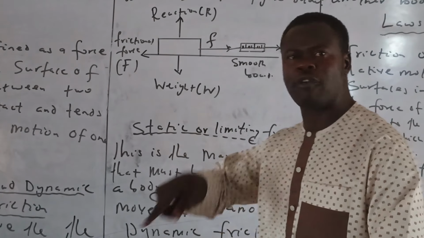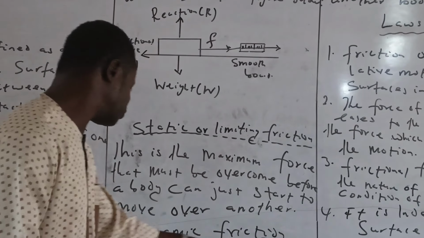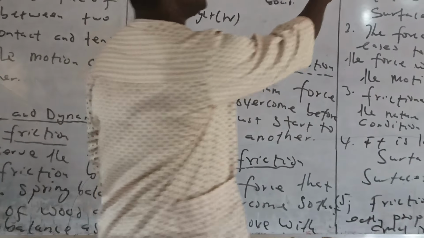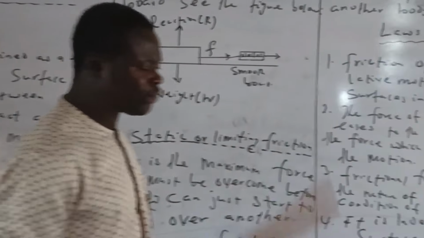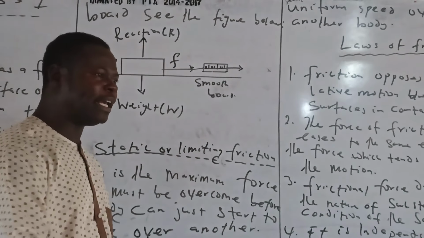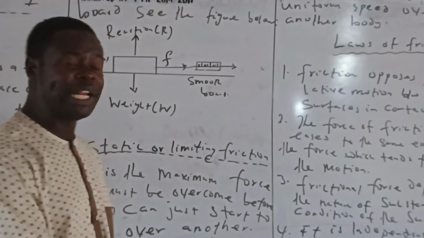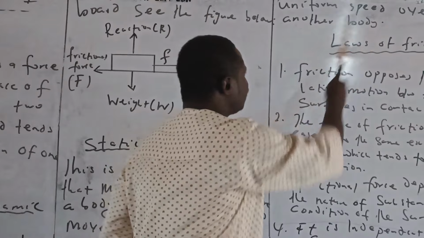That is, we are overcoming what we call dynamic frictional force. This is a force that must be overcome so that the body can move with uniform speed over another body. That is to say that the body is moving in a straight line without moving in another direction. That means the body has uniform speed.